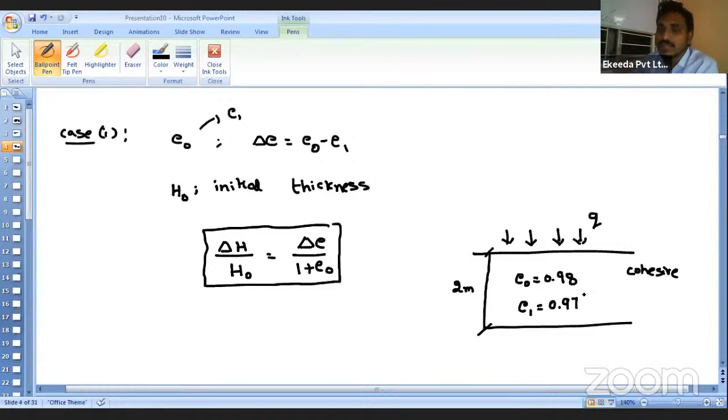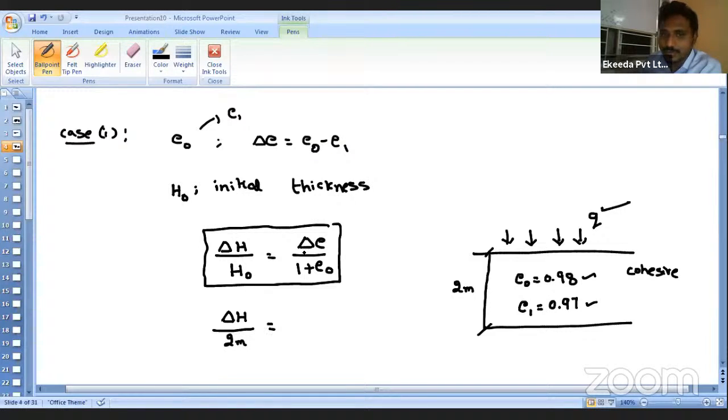So then what will be the settlement happening in the soil? Here we don't know the pressure applied, but we know the void ratios and also the initial thickness. Substitute in this equation. Let ΔH be the change in thickness, or simply the settlement, divided by the initial thickness, 2 meters.